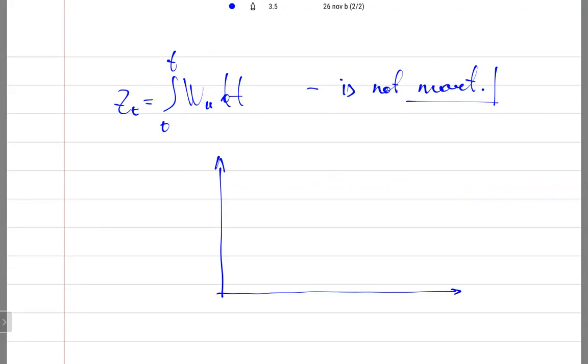I would be careful. Just imagine what happens. So imagine that at time 1, this is t, this is wt, and imagine that you are here. So this is a plot of wt. And if small, you have the current value of z1.